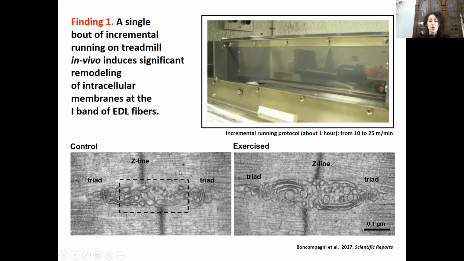You see that in control samples, usually SR at the I band is very convoluted, with many vesicles. Actually, the quantitative analysis that is not shown here demonstrated that some of these stacks are also present in control muscle, but they are smaller, formed by fewer elements, and not as frequent as in exercised mice.